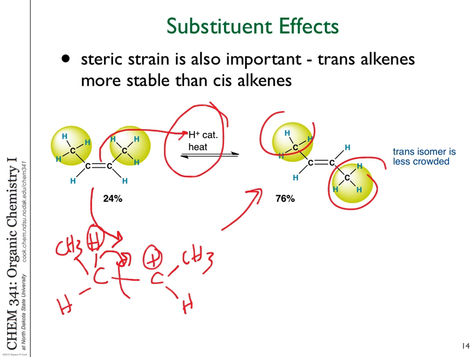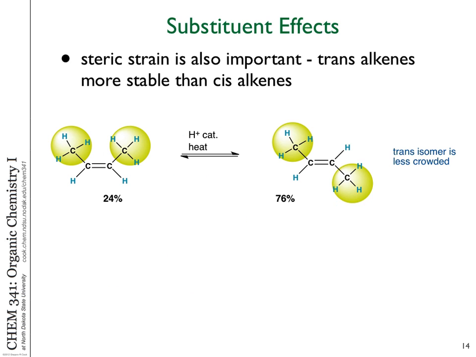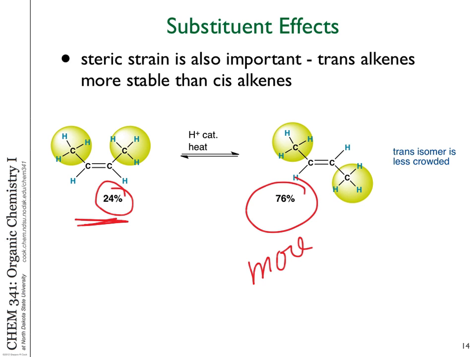And when you do this experiment, what you see is that the cis double bond, you get about 24% when this is in equilibrium versus 76%. So it's about a 3-to-1 ratio. You get more of the more stable molecule. Okay. So that's the thermodynamically more stable molecule when you have this equilibrium happening.